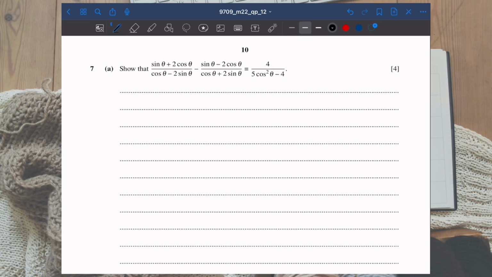Question 7, part A. Show that (sin θ + 2 cos θ)/(cos θ - 2 sin θ) minus (sin θ - 2 cos θ)/(cos θ + 2 sin θ) is 4/(5 cos² θ - 4). Man, that's a mouthful. Anyways, first of all, we can make the denominators the same by cross multiplying.